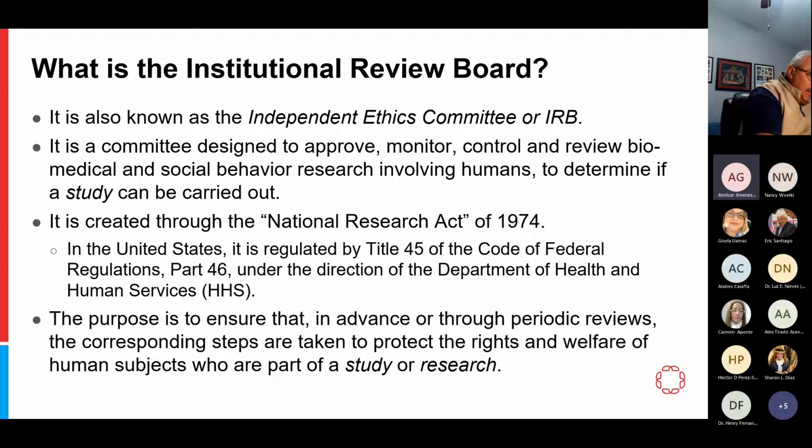The IRB was created through the National Research Act of 1974 in the United States. Of course, it's regulated by Title 45 of the Code of Federal Regulations, Part 46, and here in the States it is under the direction of the Department of Health and Human Services, HHS.